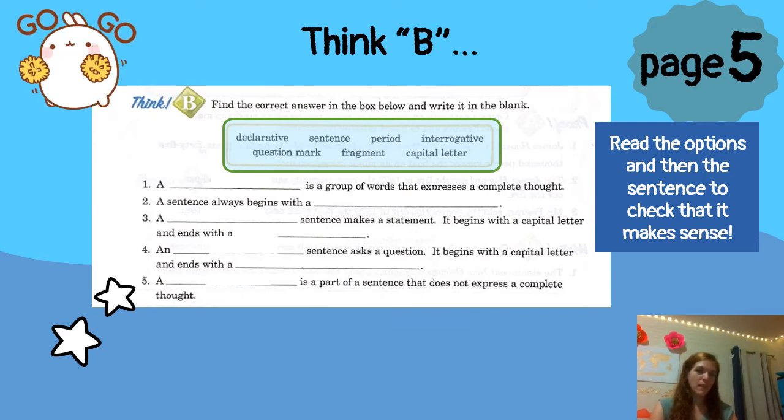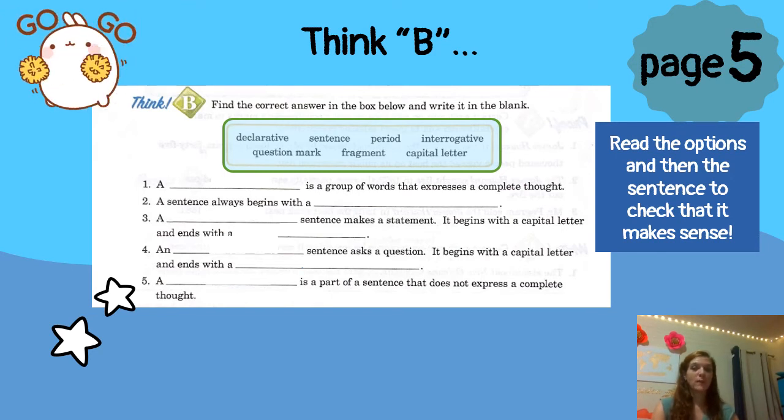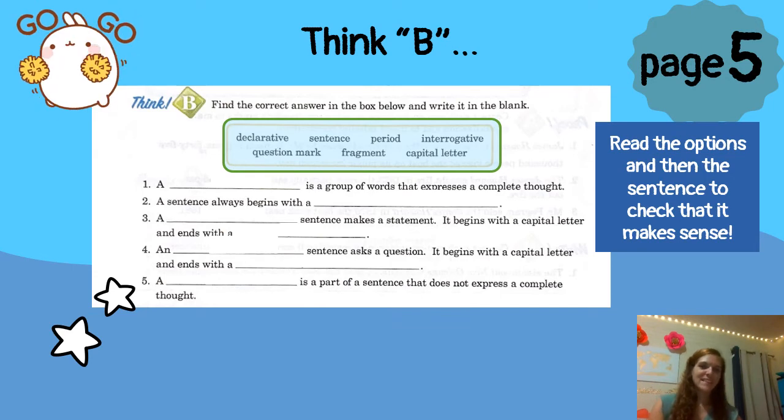It declares something. Number 4. A blank sentence asks a question. It begins with a capital letter and ends with a. And number 5, a what kind of sentence is a part of a sentence that does not express a complete thought. You're not going to have the same answer in 2 parts. You're never going to repeat, okay? So you got to choose one of those answers for every blank spot. Okay, let's keep going.